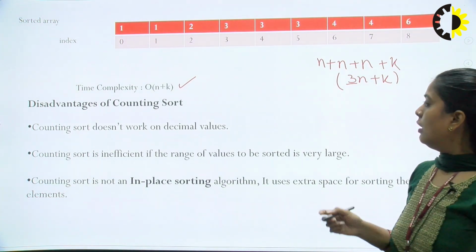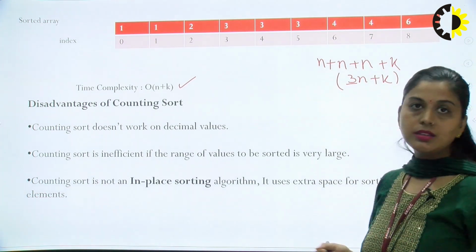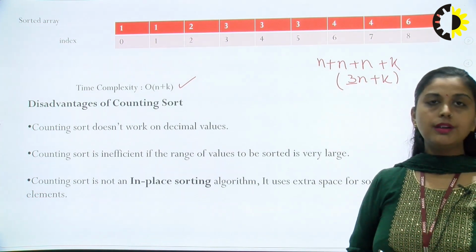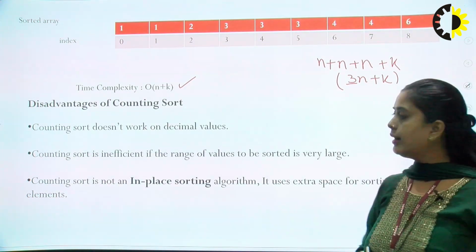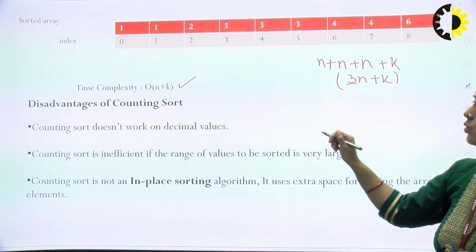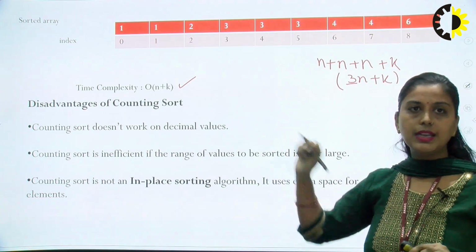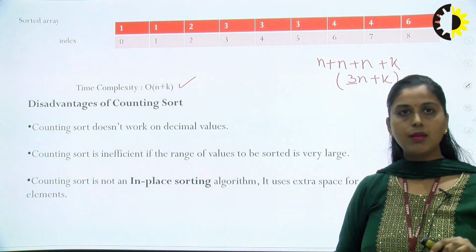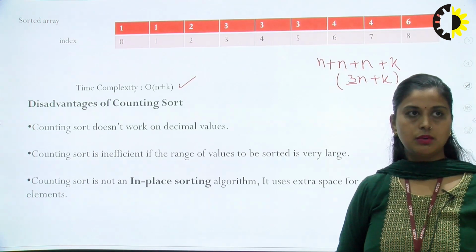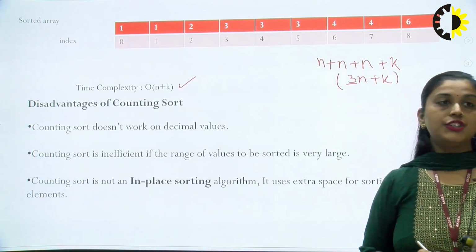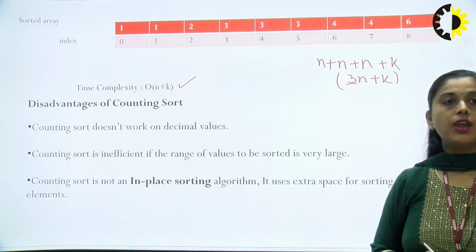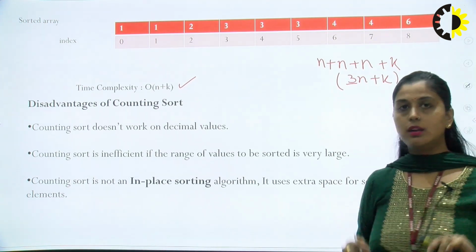Okay. So here are some points which are a little bit negative in terms of counting sort. What are they? Firstly, counting sort does not work on decimal values, or we can say floating point keys, right? Counting sort is inefficient if the range of values to be sorted is very large.